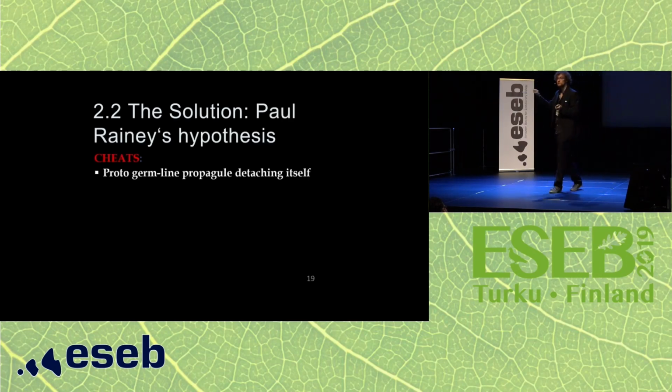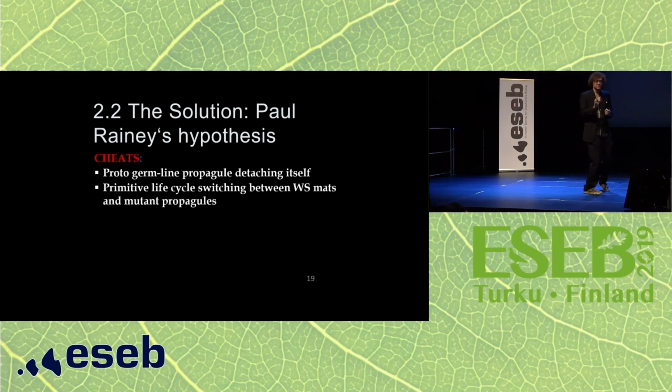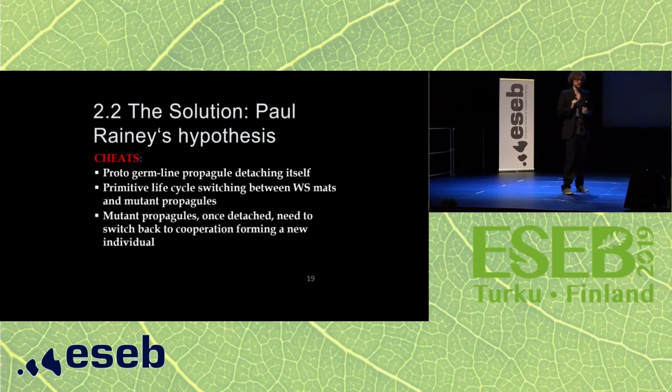Because it does not produce this cell-cell glue, so it is able to detach itself. It's not tied to the fate of the group organism. So we can have some sort of primitive life cycle emerging that switches between these Wrinkly Spreader mats and mutant propagules. The mutant propagules, however, once detached, need to switch back to cooperation, so cell-cell glue production, forming a new individual in the end.